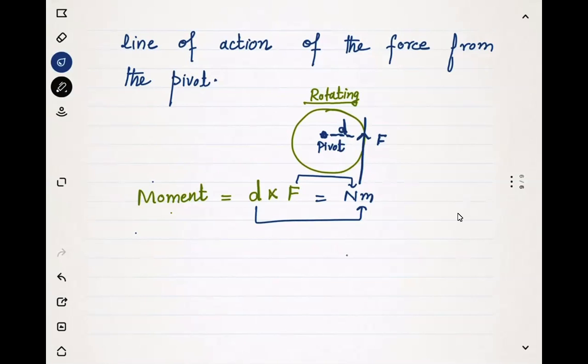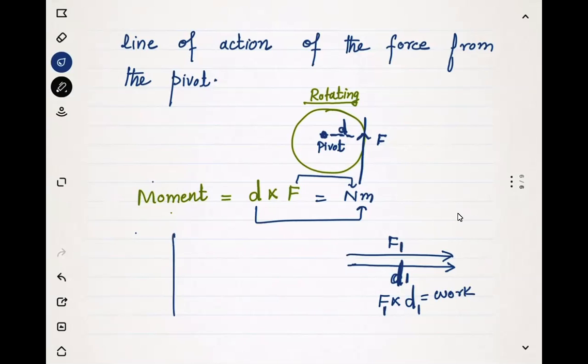Work is actually product of force and displacement along the force. So when you calculate work, you multiply force and displacement, which are parallel. However, when you calculate moment, the force and the displacement are perpendicular to each other.